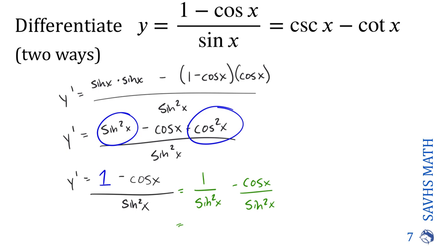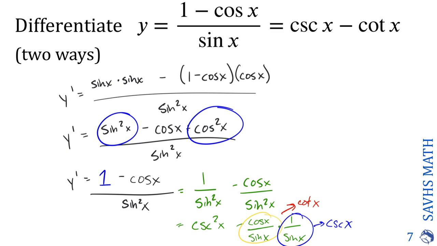And so this is going to be cosecant squared x minus, and then I've got a cosine x over sine squared x, which is cosine x over sine x times 1 over sine x. And so this part right here is a cotangent, and this part right here is a cosecant.